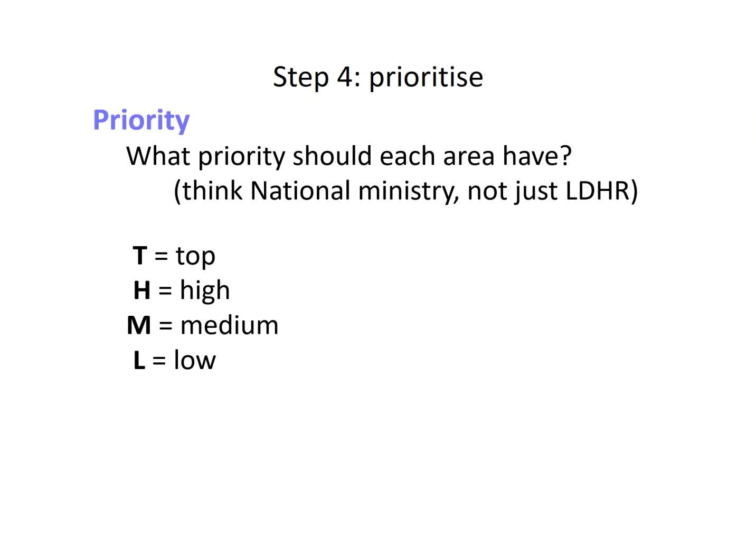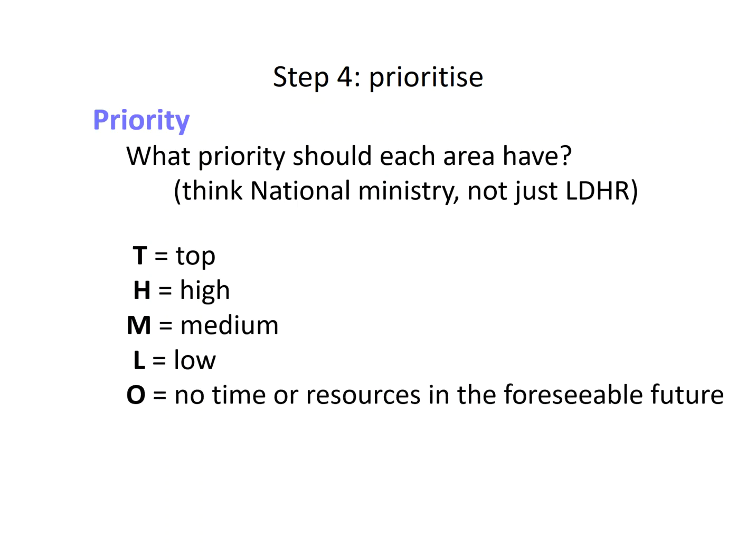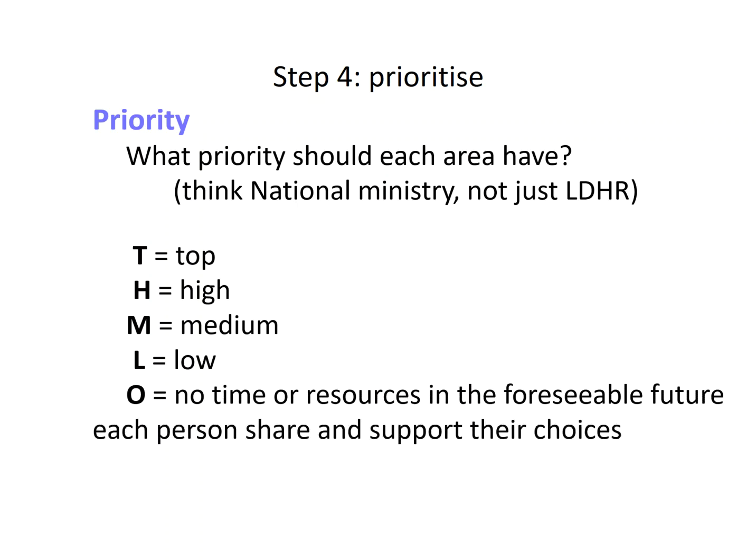And for areas where you realistically have no time or resources to do this in the foreseeable future, you can just use O. For this step, you should let each person share and support their choices, and then come up with an agreement on your team's priority rating.